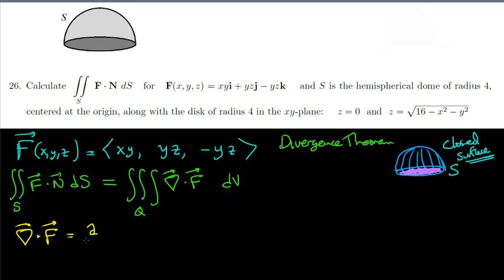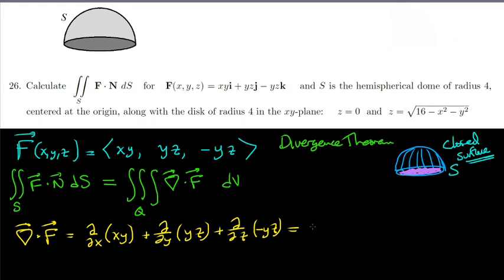It's just the partial derivative with respect to x of xy plus the partial derivative with respect to y of yz plus the partial derivative with respect to z of negative yz. So I think we get y plus z minus y. So we just get z. So we're just integrating z over this volume.